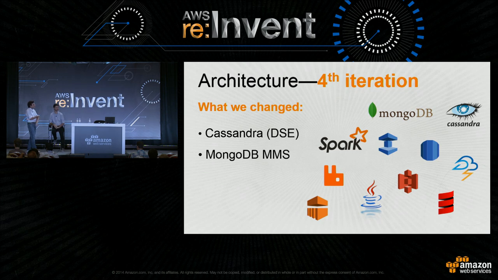We started using MongoDB, not only MongoDB, but MongoDB MMS. We switched our whole configuration database to MongoDB. We're still storing the processed data for the dashboards in Cassandra, but the whole configuration of the different applications and microservices is stored in MongoDB.